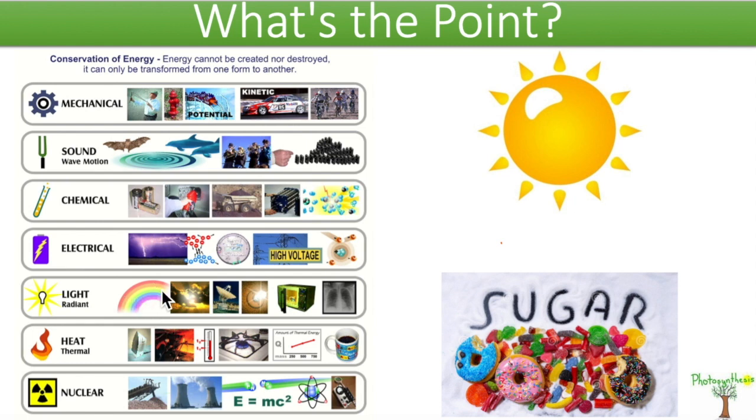So we're talking about visible light, infrared light, microwaves, X-rays, all those contain energy. We're also talking about heat energy. And then finally, nuclear energy. So that's the energy stored within the nucleus of atoms, and when atoms' nuclei split, they give out an enormous amount of energy.